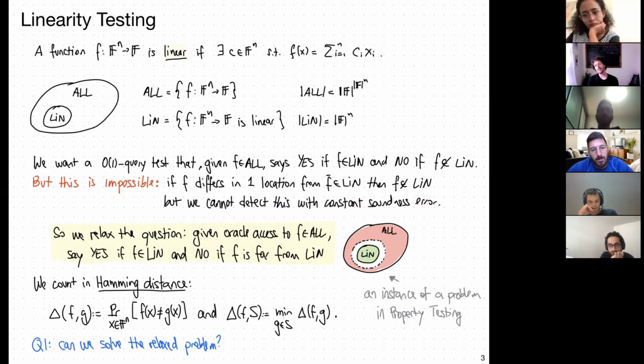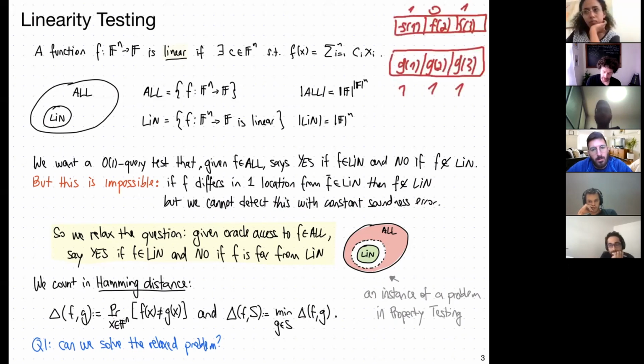And while you're thinking, let me muse for a second about why, at least at first, this seems like a hard problem. The reason it seemed hard to me the first time I looked at it is that what we want to find out is this condition of linearity, and we only get to evaluate the function at a small number of places.